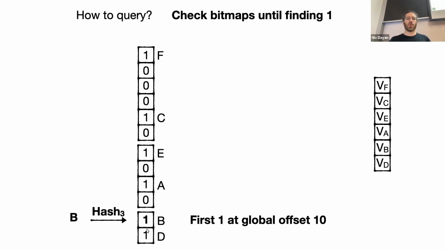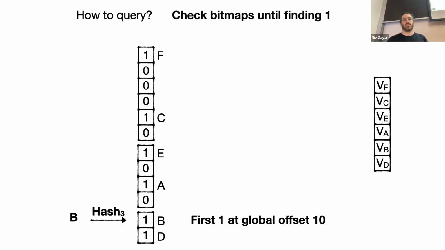And what do we do now? Yes. And the number of ones before will tell us what? Correct. And what is the basic construct for counting the number of ones that we've seen all over this course? Rank. We're going to apply a rank operation on this bitmap.